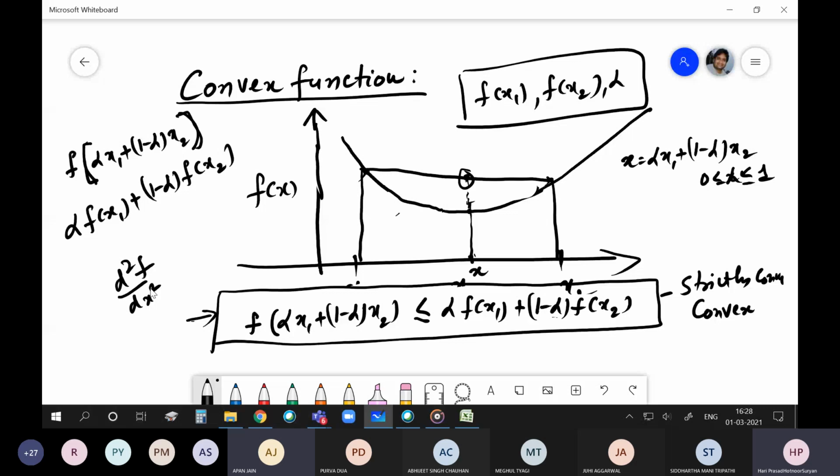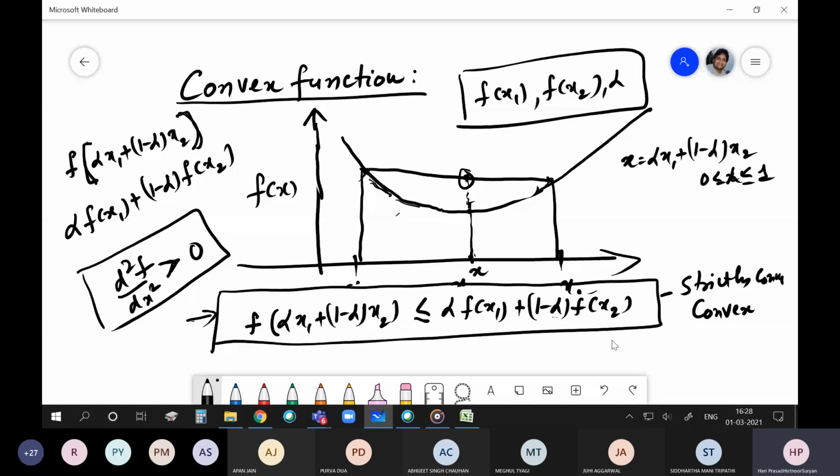It will always be positive because df by dx will always be increasing. Let us say if I plot df by dx here, it is increasing, it is increasing, so d square f by dx square will always be positive. For a strictly convex function, the second derivative will always be greater than 0.